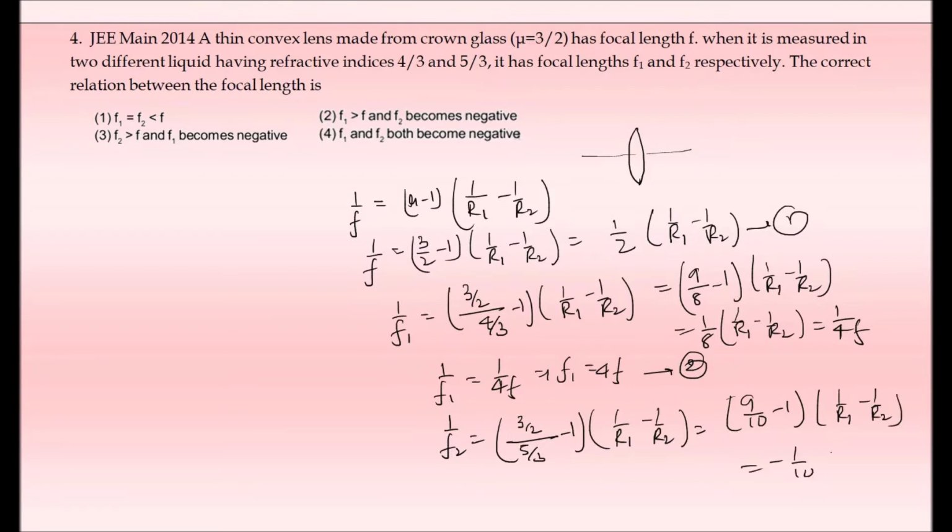So it is minus 1 by 10, and from there we get minus 1 by 5f. So f2 is equal to minus 5f, and f1 is equal to 4f. So you see that f1 is greater than f, it's correct, and f2 becomes negative. So if you see the options, then option 2 is correct.